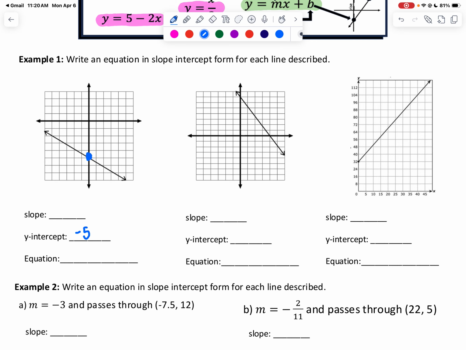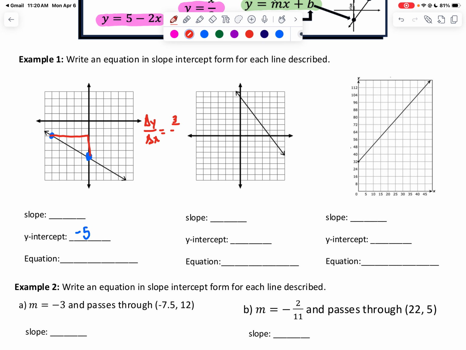So I need to find one more friendly point here. Let me follow this line. How about right here? And then we'll use our rise over run. So change in y, delta y, over change in x. Our change in y is 1, 2, up 3. And our change in x is 1, 2, 3, 4, 5.